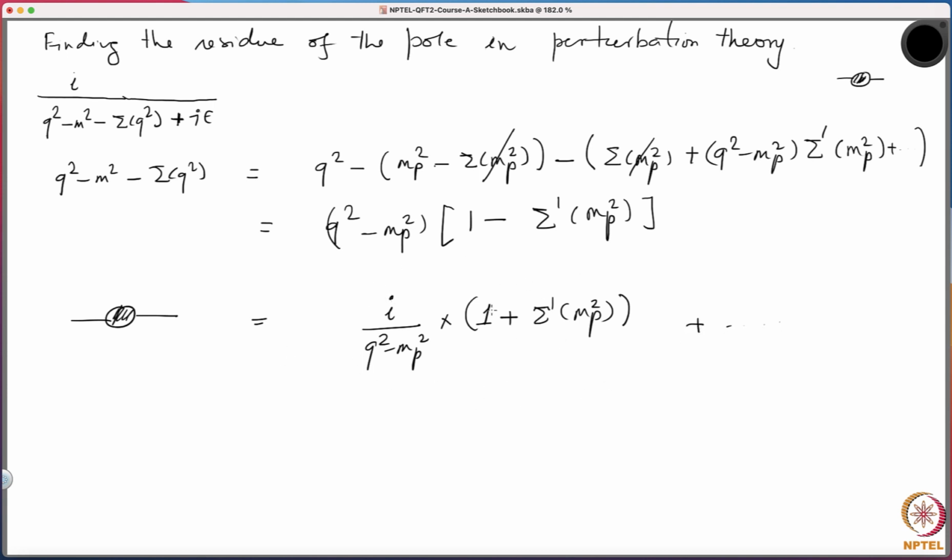So you see that you can obtain Z if you calculate sigma and take a derivative and evaluate it at q square equal to mp square, which to the lowest order is 1 plus sigma prime of m square. So this is a function of lambda and m. We can figure out what the residue is from perturbation theory.